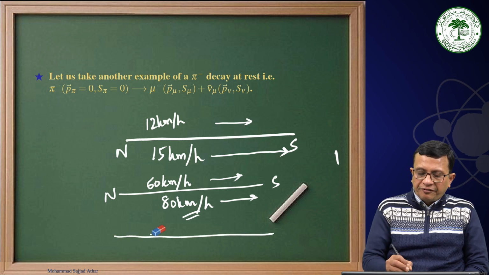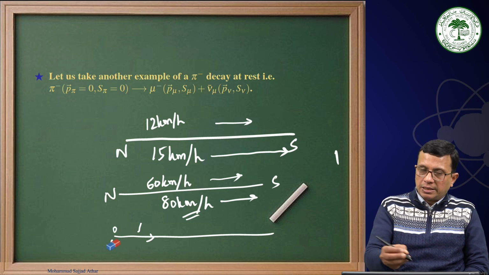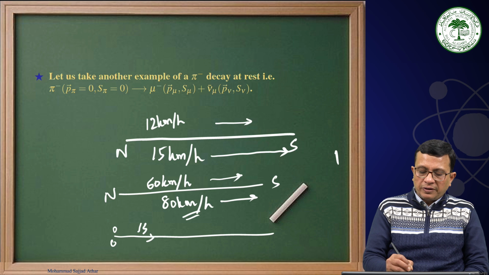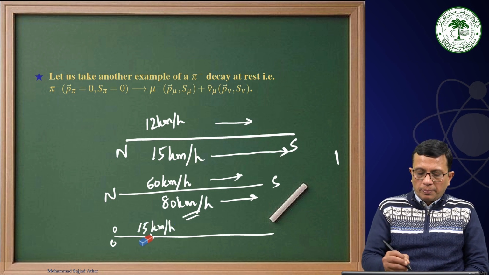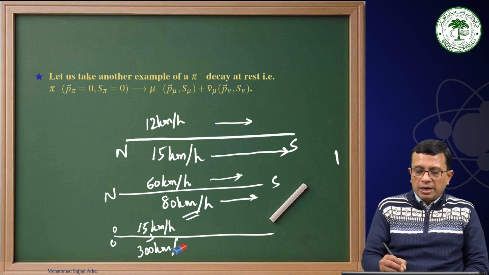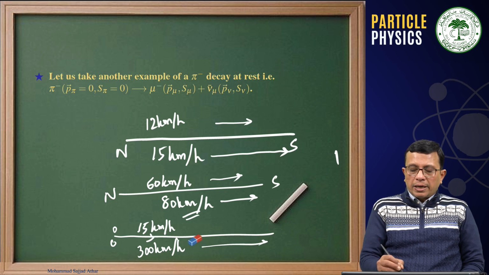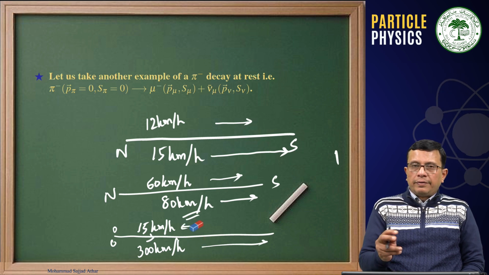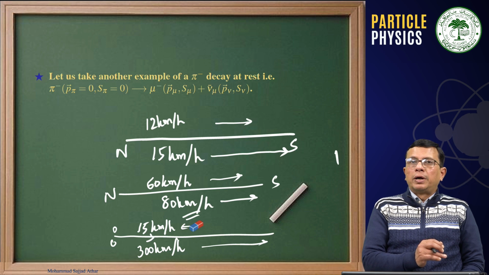But if these two fellows have started from the same point, as in the previous two cases, but the first fellow has a speed of 15 or 20 kilometers per hour, and another is a racing car with a speed of 300 kilometers per hour, then what will happen? After some time, when this fellow looks back, he will say that the other fellow is going in the backward direction.